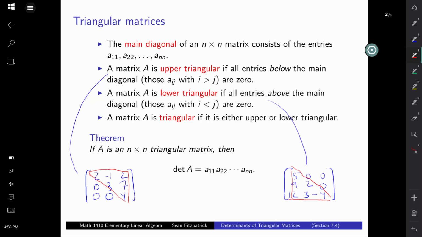Now, if you want to compute the determinant of a triangular matrix, it's dead easy because all you got to do is multiply down the diagonal. The determinant of this one here is just 2 times 3 times 4. The determinant of this one here is 5 times 2 times minus 4. That's super easy. You don't have to worry about anything else. You just multiply down the diagonal.